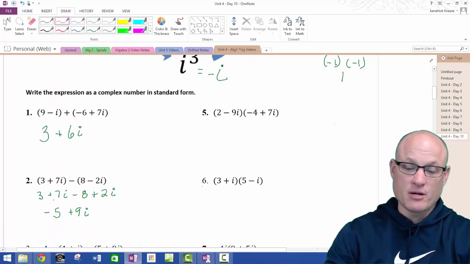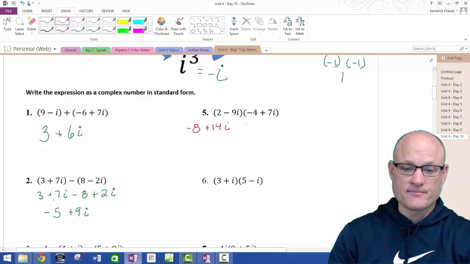All right, so we got some double distributing to do on this one, and a little cleanup work. So 2 times negative 4 is negative 8. 2 times 7i is plus 14i. Negative 9i times negative 4 is positive 36i. And negative 9 times positive 7 is negative 63i squared.